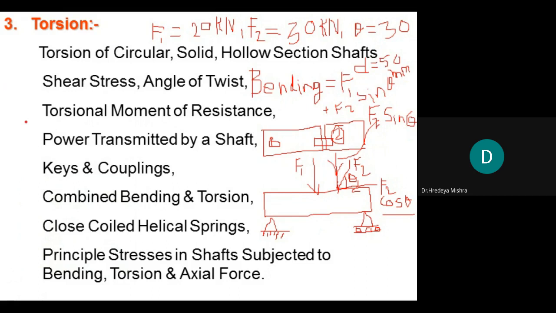So for the direct stress, sigma D, the formula is P upon A.